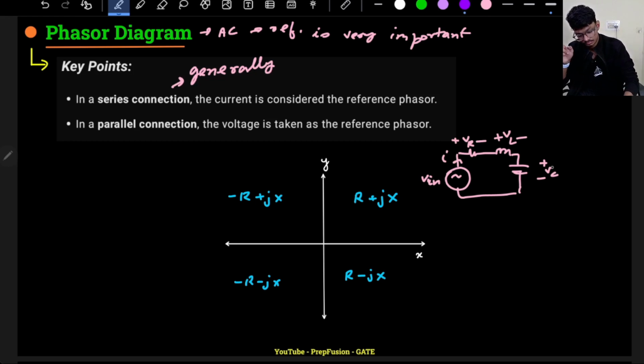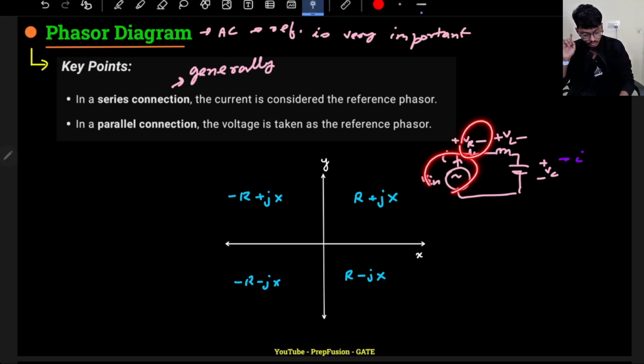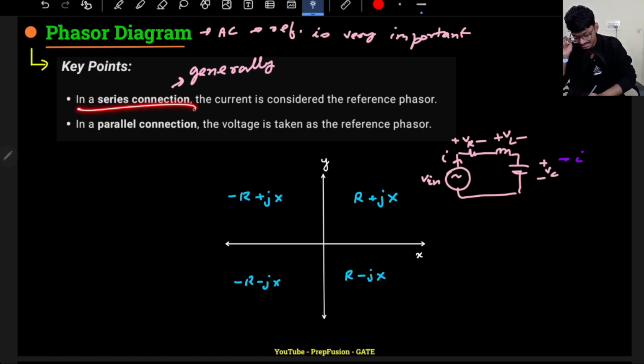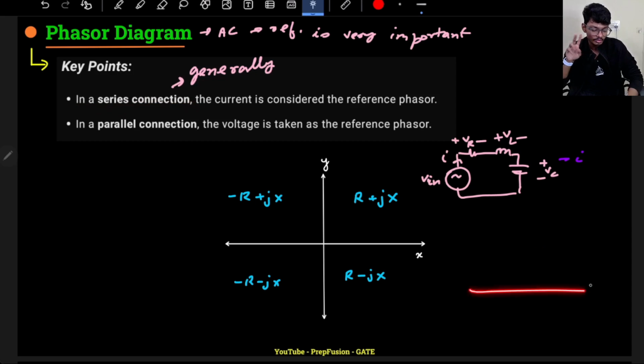Current. I is common with respect to the supply, the resistor, the inductor, and the capacitor. So which one should you choose as reference? Current. That's why it is written that in series, choose the current as reference. Same, just take the example of a parallel circuit. You will see voltage is common across all the elements. That means there you have to choose the voltage.